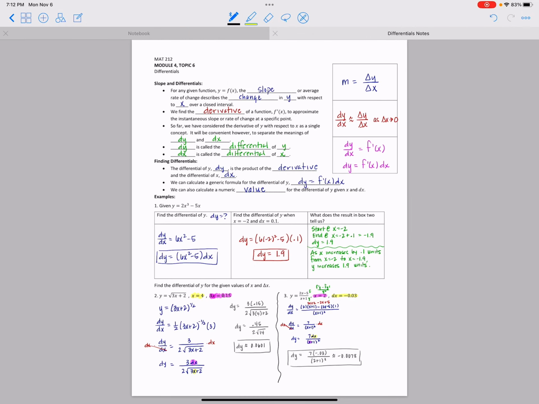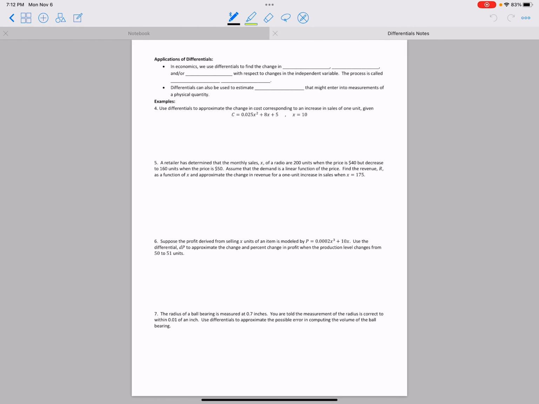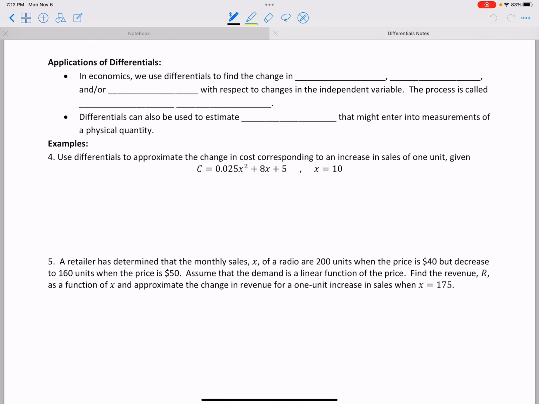Okay, now let's look at a couple of word problems so we can see how this actually applies to some useful situations, some practical situations. In economics, we use differentials to find changes in things like revenues and costs and profits. We've done this already.